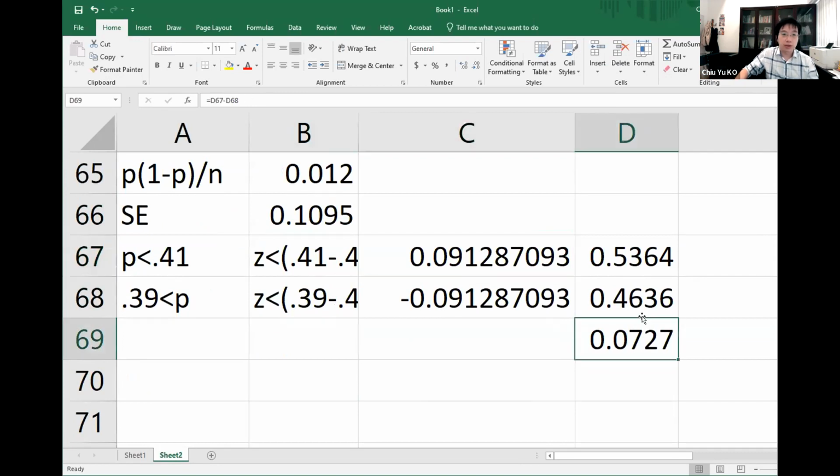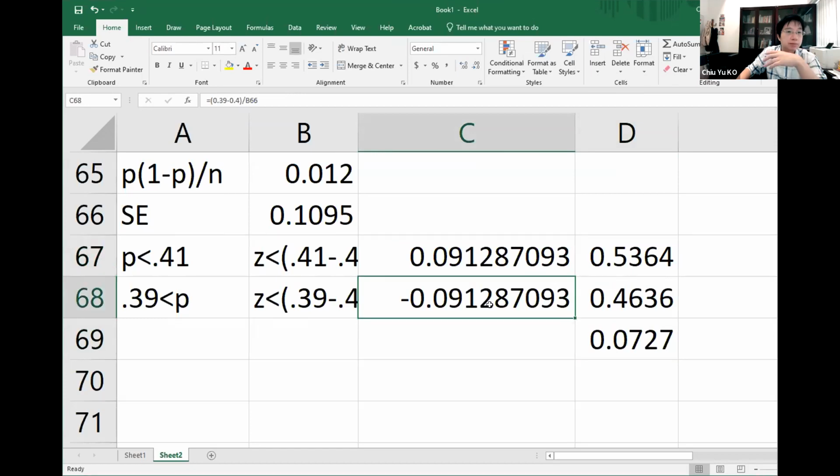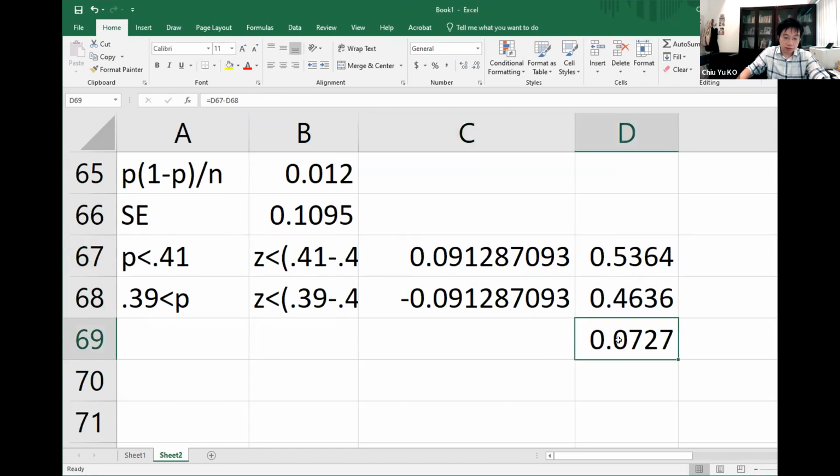Excel is correct, but the answer I have here is not right. So it should be one more zero here. I guess that's the reason why I made a mistake. So this is right. Yeah, I think that should be the right answer. Okay, sorry for the mistake.